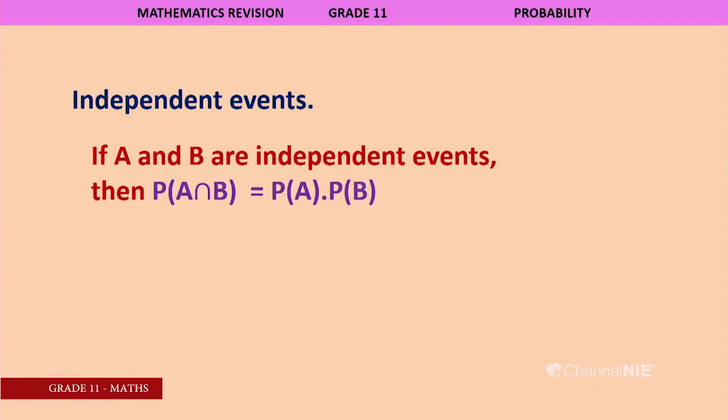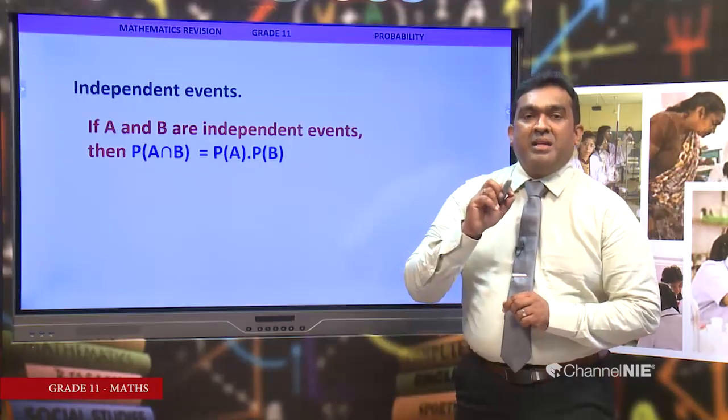Right. Independent events. We'll see the definition of independent events. There are two events here, A and B. If A and B are independent events, then P(A intersection B) is equal to P(A) dot P(B), where dot means multiplication.